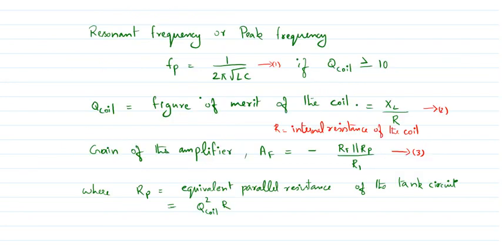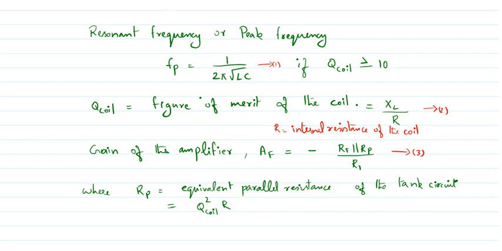The impedance of the parallel LC network below and above the peak frequency is less than Rp. Therefore, the gain of the amplifier is less than RF parallel Rp by R1 at any frequency other than Fp.